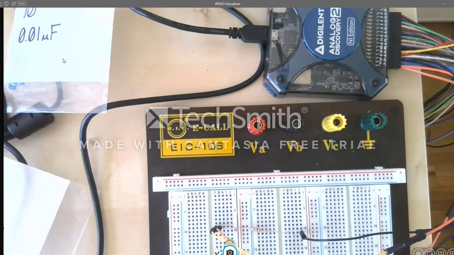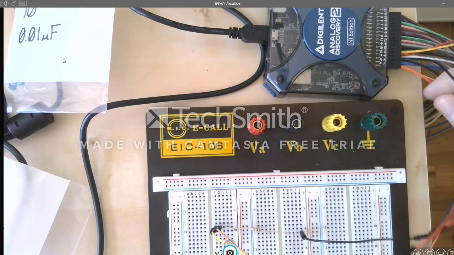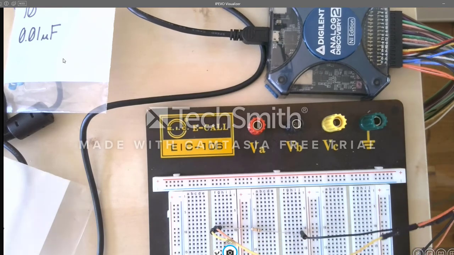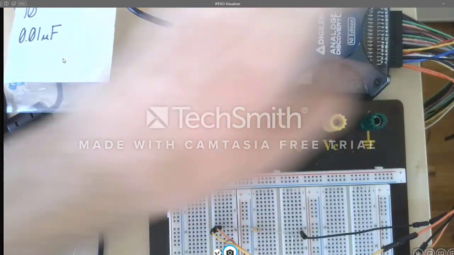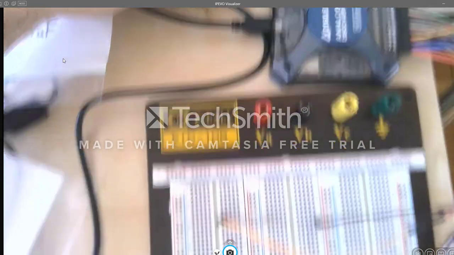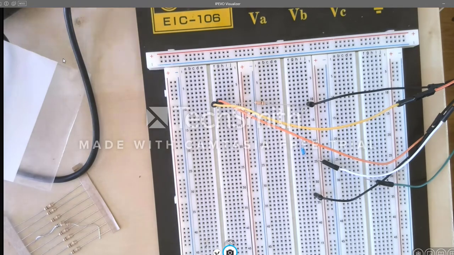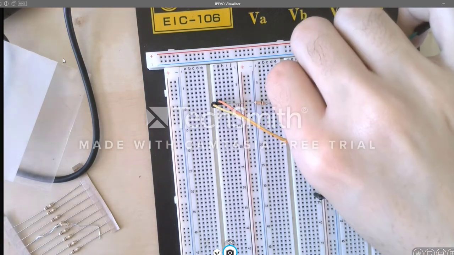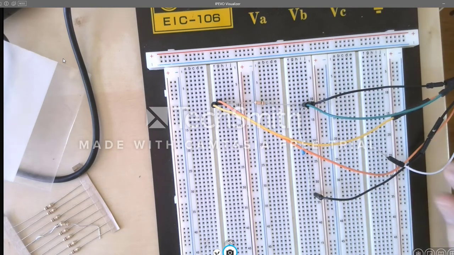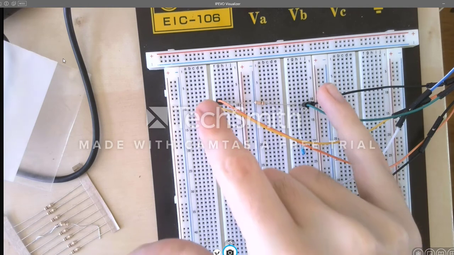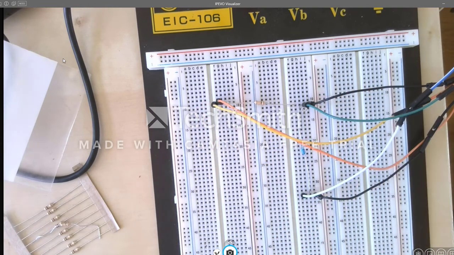It measures the voltage across the resistor. And then we have our second channel, that we've never used before. We're gonna take that and plug it in across the capacitor. Here. All right. The first channel is across the resistor, the second channel is across the capacitor.